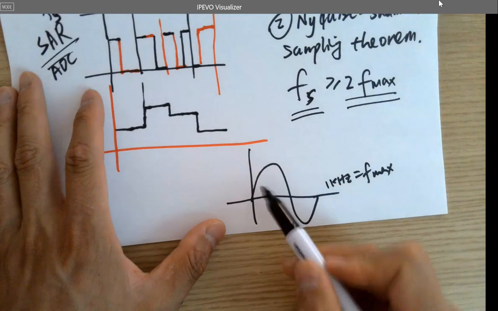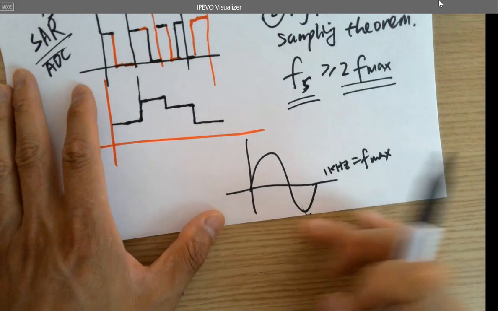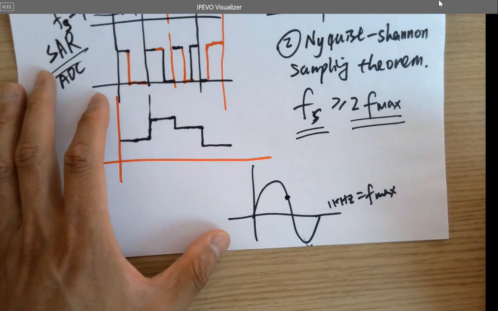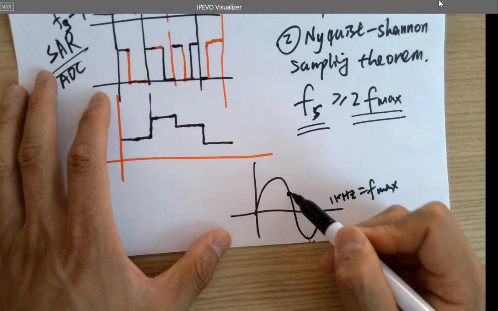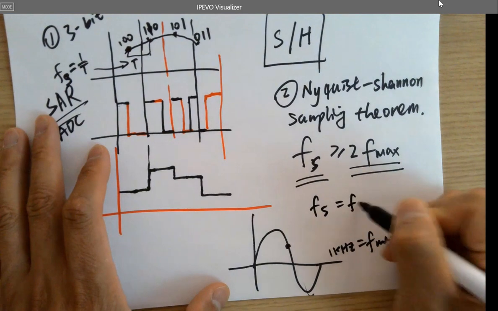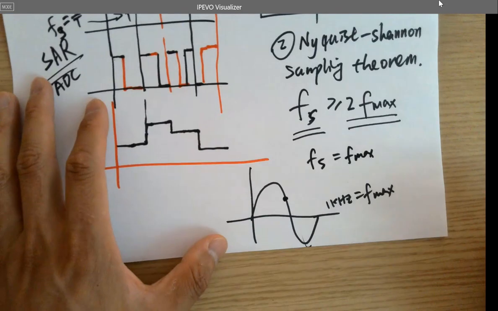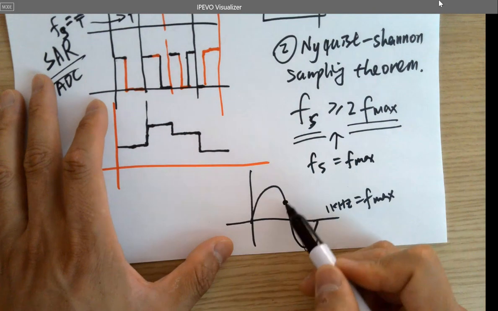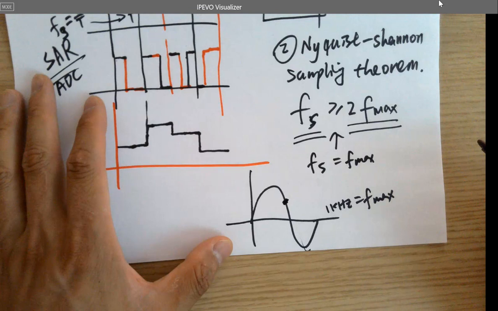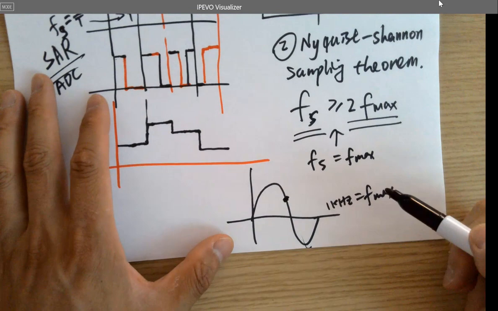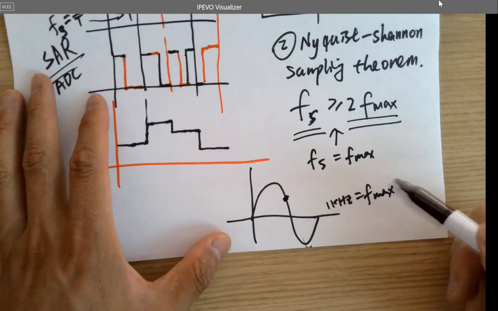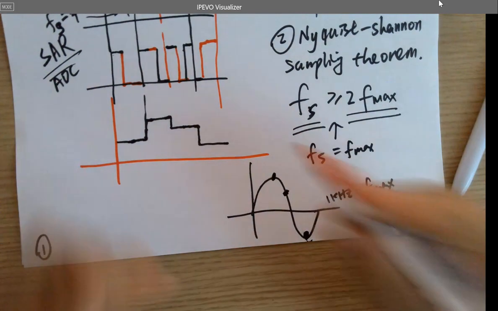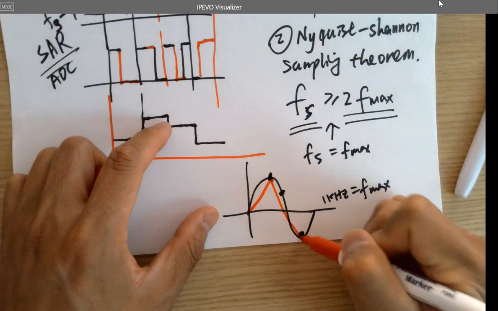So for example, this is 1 period of the signal, right? And if you sample only once, which is 1 period you sample once, which means Fs equals Fmax. Doesn't meet this requirement. Can you recover a sine wave by just having 1 point? You can have anything on that point. Okay. However, if you sample 2, if you try to recover it, at least you are getting something like this, right?